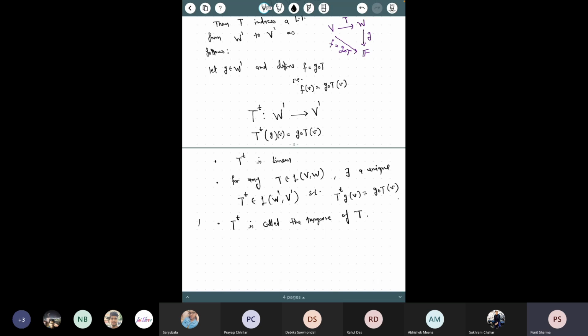If we take the null space of the transpose of T or the range space of the transpose of T, then the null space is a subset of the dual space of W, and the range space is a subset of the dual space of V. There is a result that relates the null space and range space of the transpose of T with the range and null space of T using their annihilator. So what I'm saying is the following.